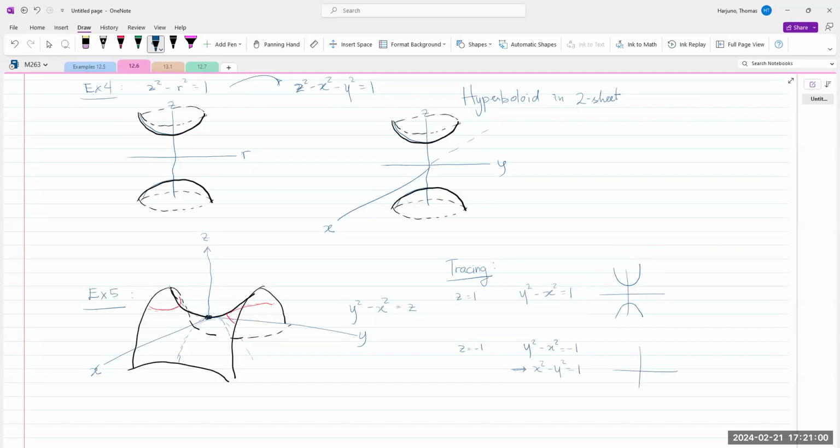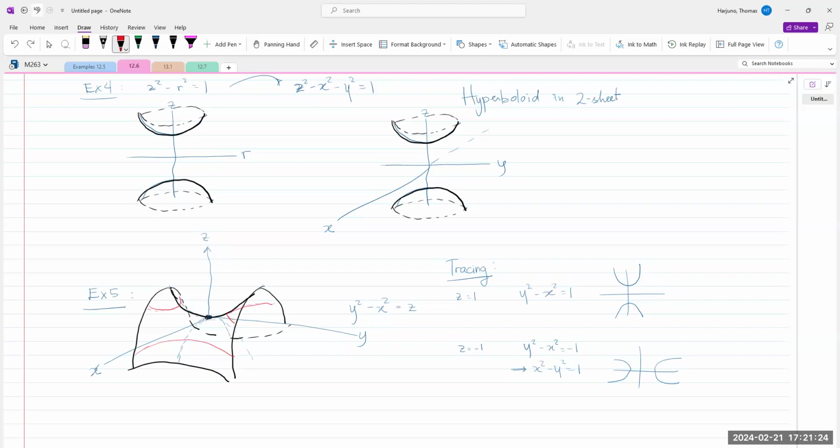It looks like this. So below the xy plane, the graph has this cross section.